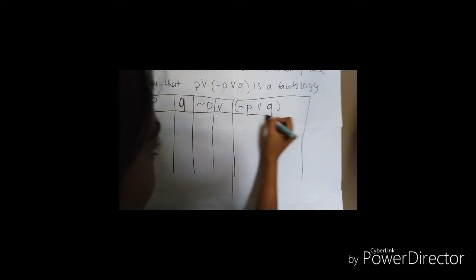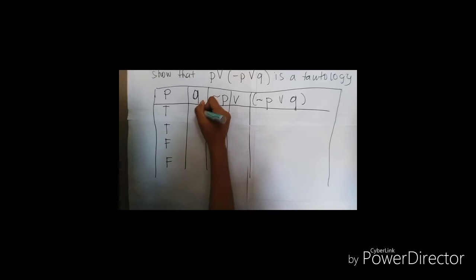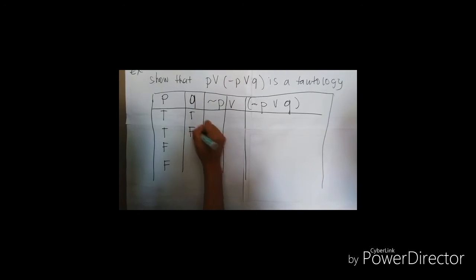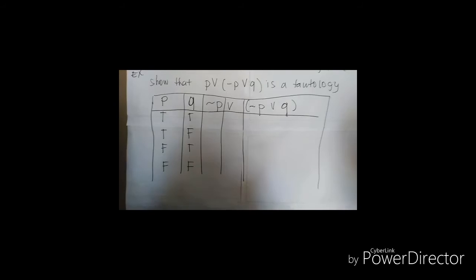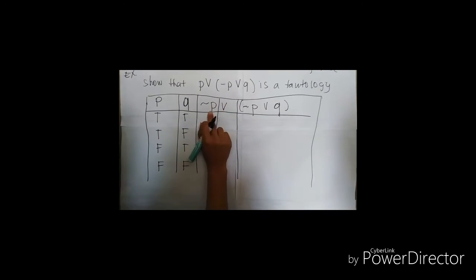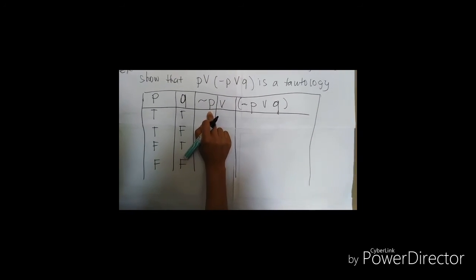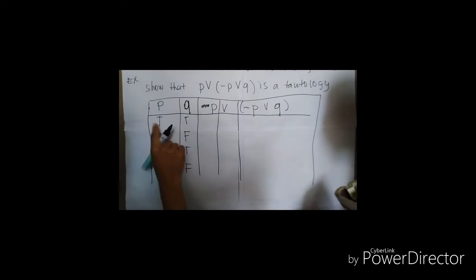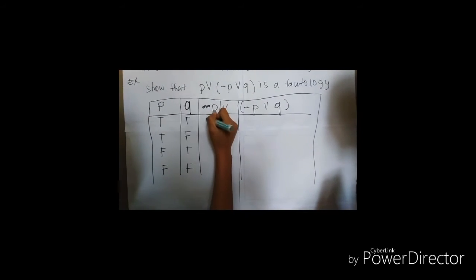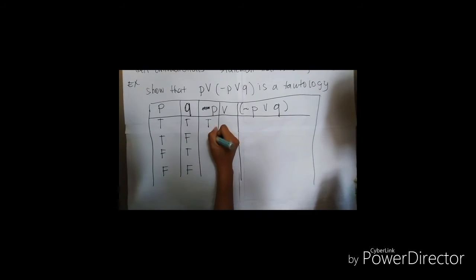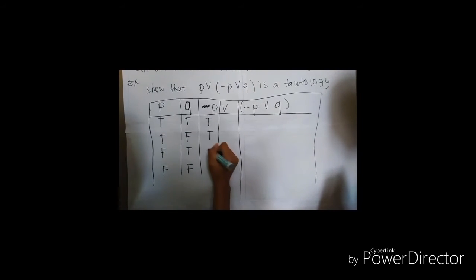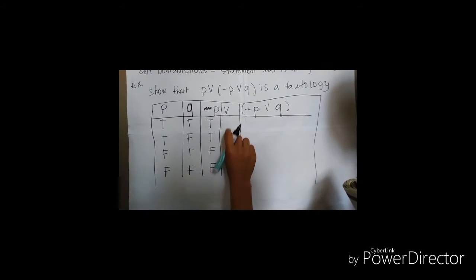Under P we have true, true, false, false, and under Q true, false, true, false. Under P we just copy it.